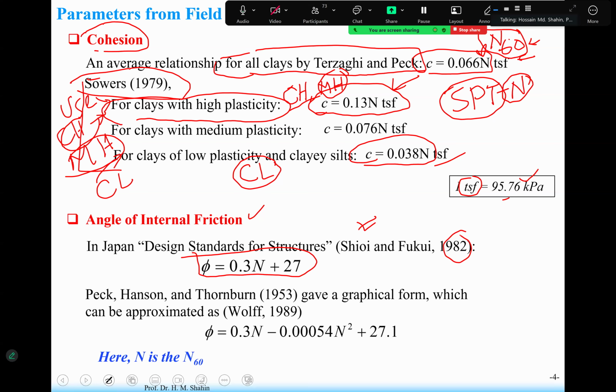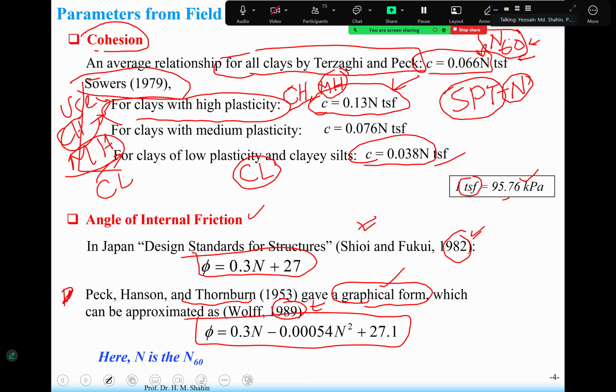And then Peck, Hanson, and Thornburn copied this one, and they proposed a graphical form. They are from MIT, Professor Peck, Hanson, and so on. So in our FYDP, we'll use this equation.